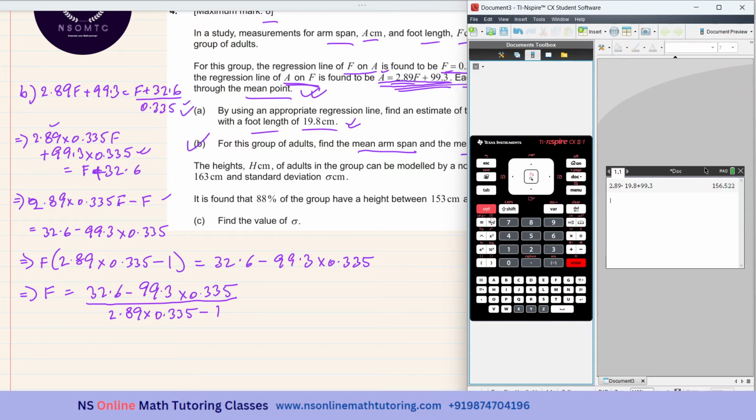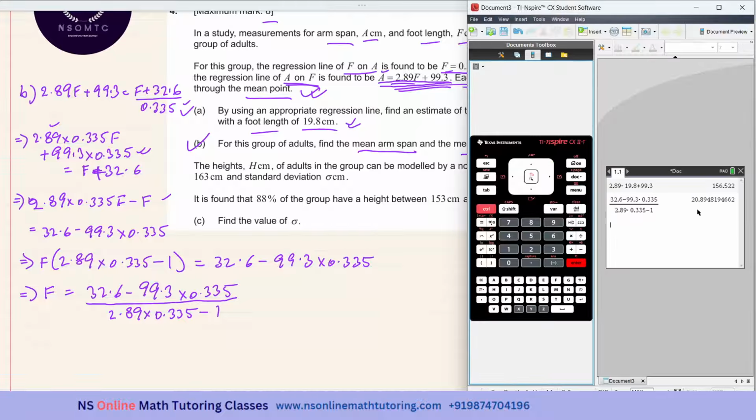So it is 32.6 minus 99.3 times 0.335, okay, divided by 2.89 times 0.335 minus 1.